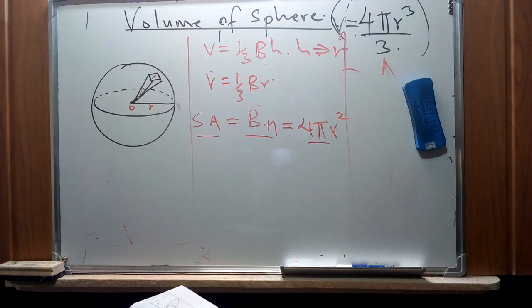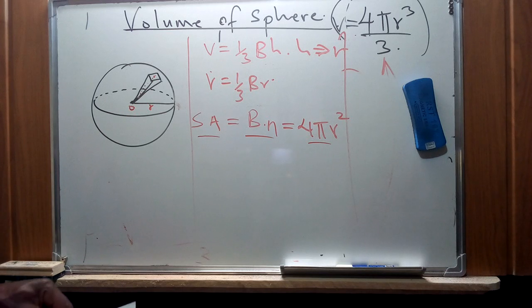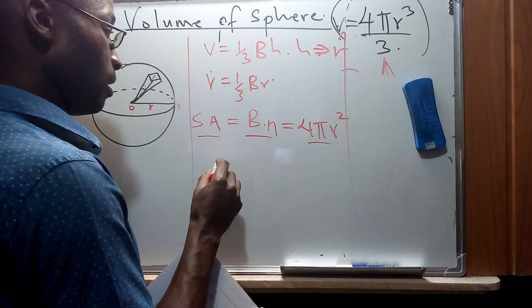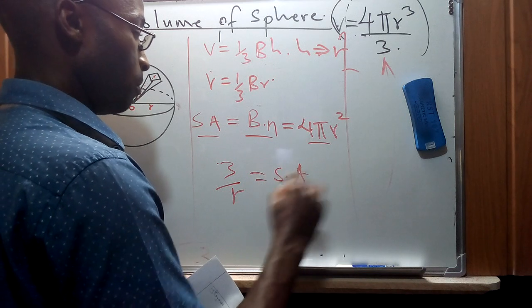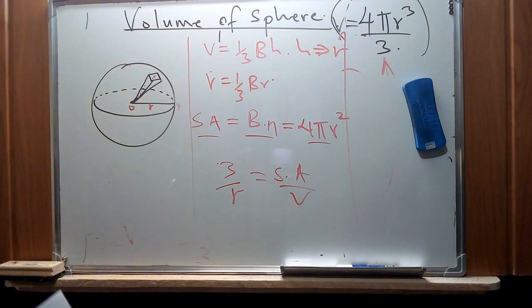So that is the relationship that exists between the two and the way in which we can derive the volume of a sphere using pyramids. I've basically tried to limit the relationship between this 3 over r and the surface area and the volume, so that we can discuss our next move. When we have a sample question, I'm going to illustrate how that can be achieved.